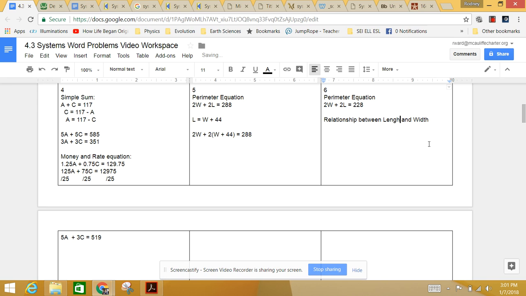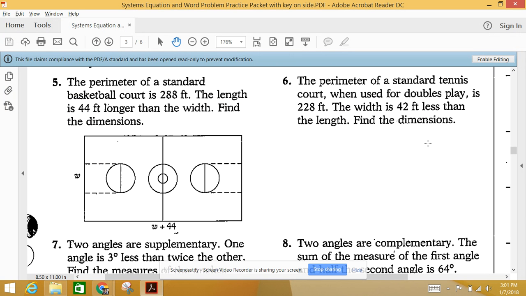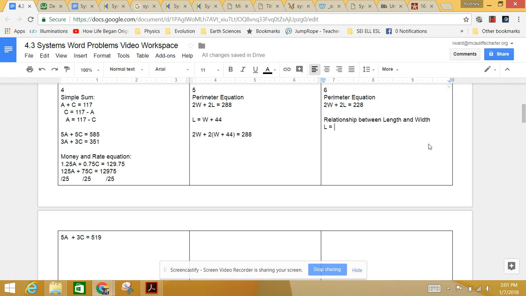Yes, I know there's a typo. I'll fix that. Okay, so the width is 42 less than the length, so the length is 42 more than the width. So W plus 42.